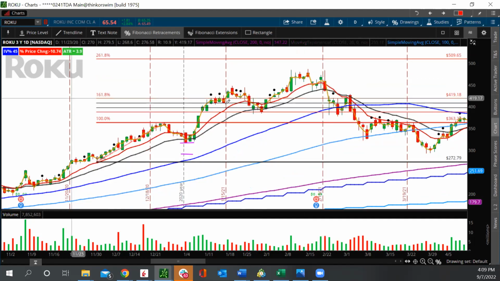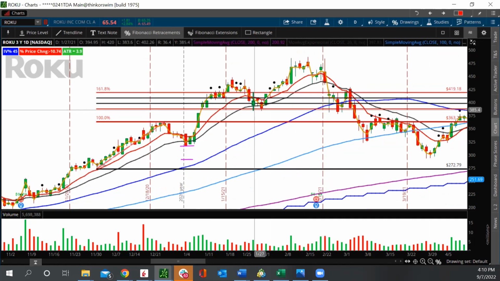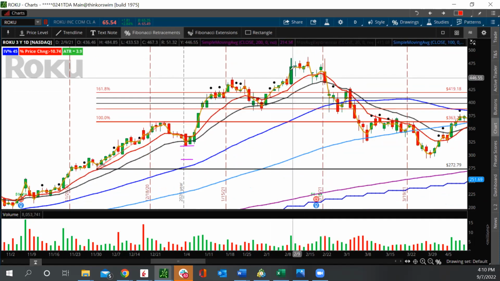Once you get past this 161.8, and all through this process, you can use a trailing stop as well. You don't have to just use these fib levels. You could use a 2-bar trailing stop, a 3, whatever you want to do, especially when things are moving like this, and you get this big candle here, right? And look at this volume, right? So as it makes a new high, this is, again, one of the things I always talk about and look for: you get this big bullish candle after this major bullish run up, big bullish candle, lots of volume.